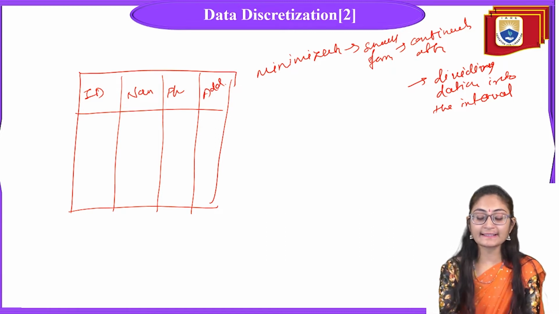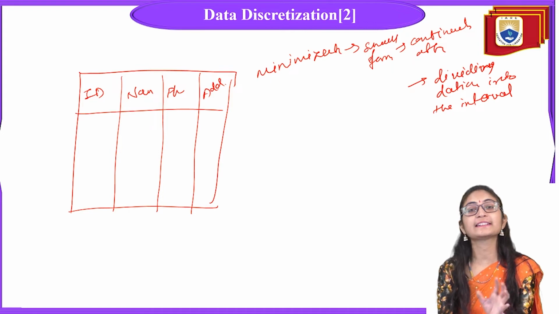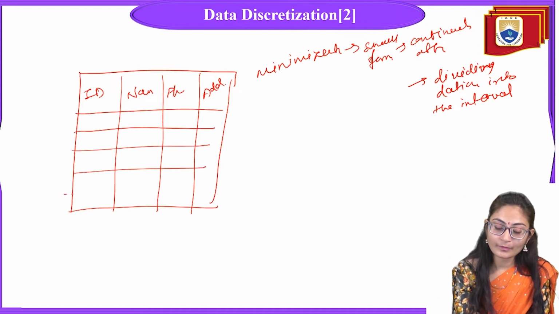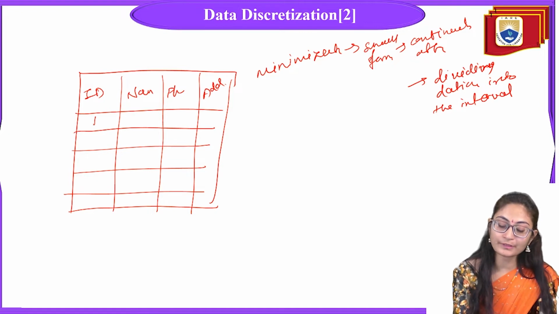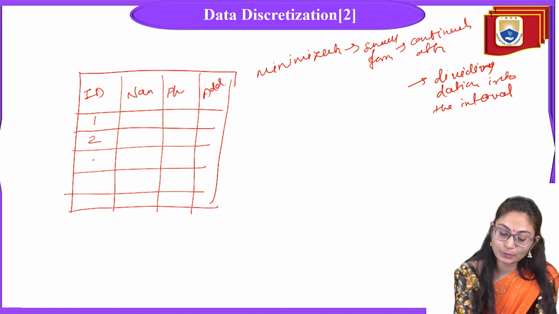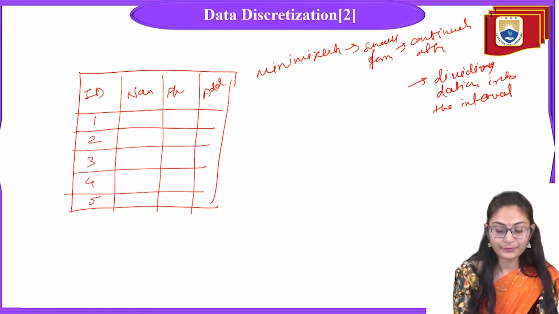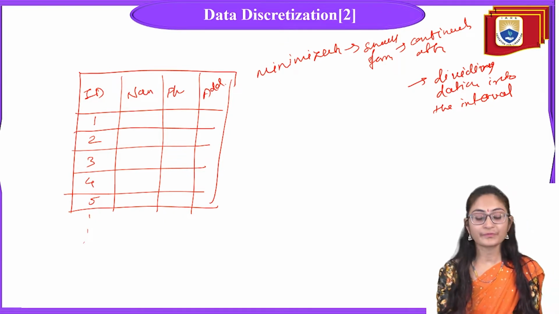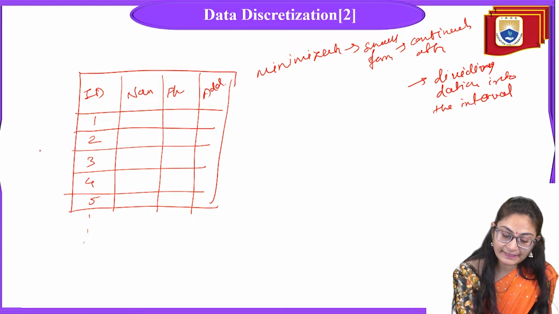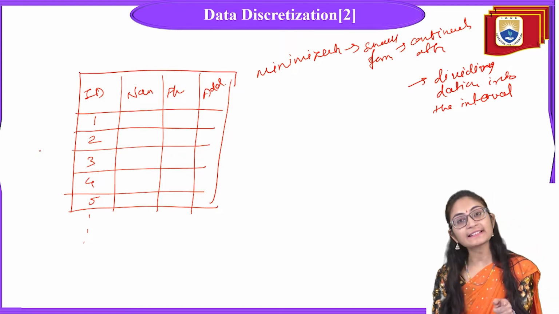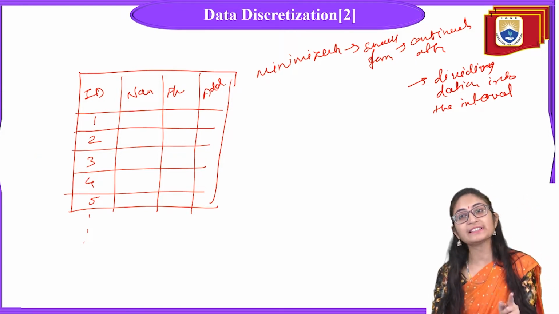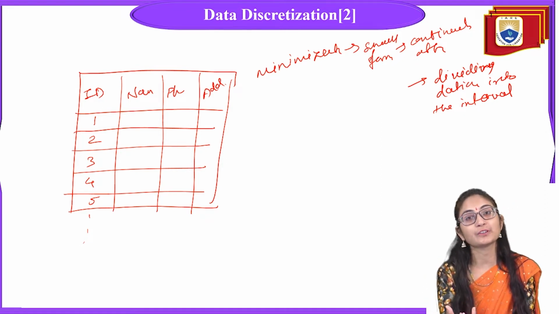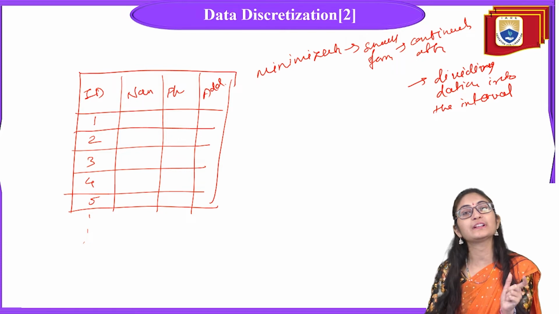Say this is a table containing some values, and we will give some attributes 1, 2, 3, 4, 5 and so on. Now what I will do here is split the data. In data discretization, you have to split the data and after that give a specific value for that particular interval.